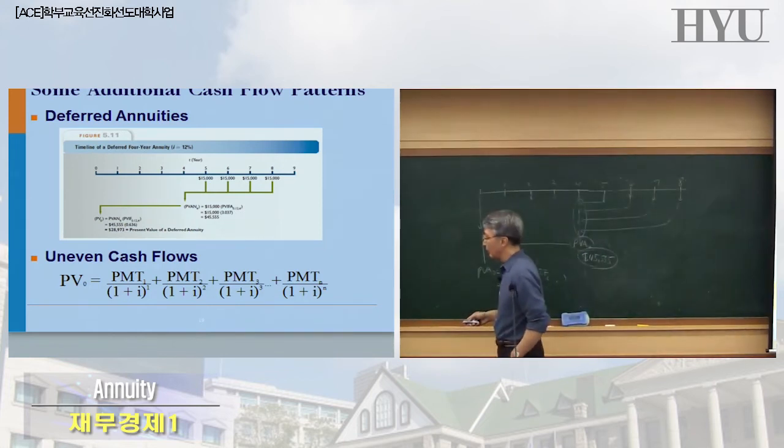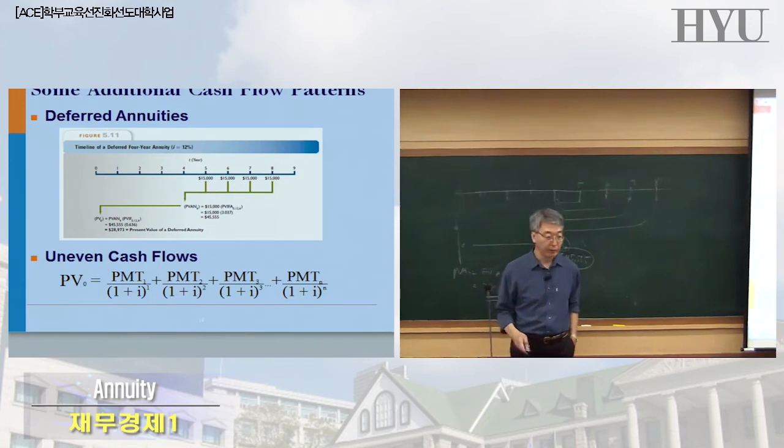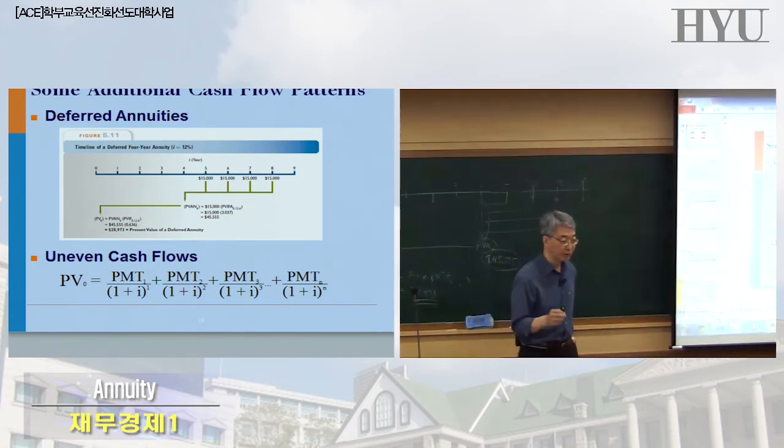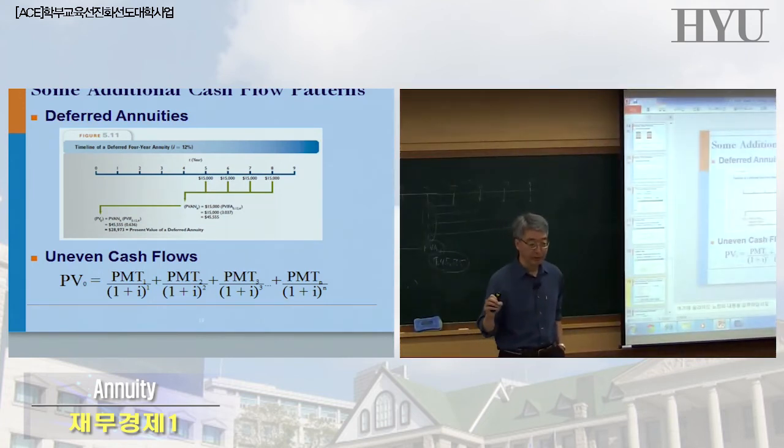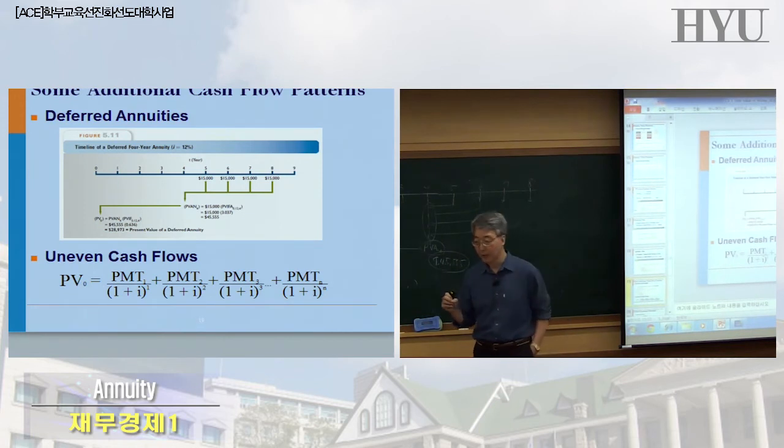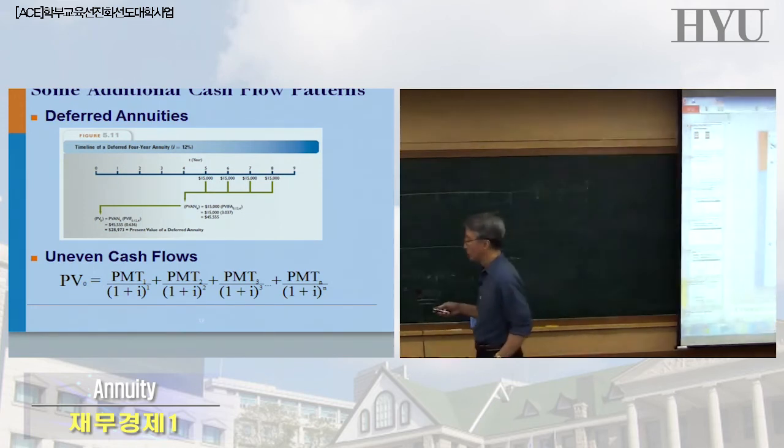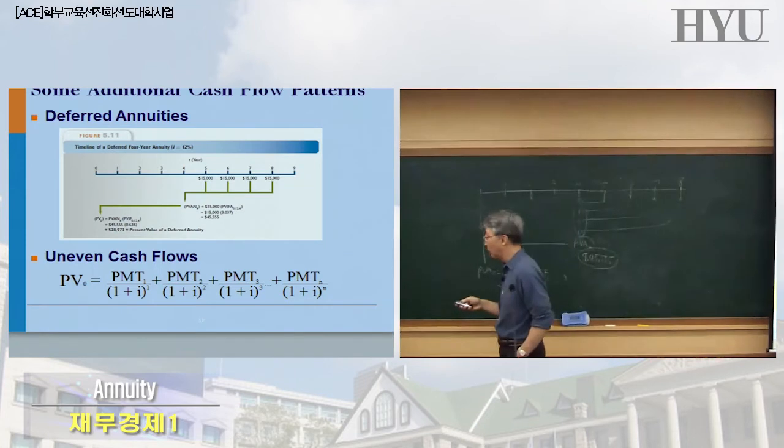And then we can also think about uneven cash flow, which is not an annuity. In order to qualify as an annuity, you have to have a series of finite equal payments. So in order to use the annuity formula, you have to have the same payments every period.